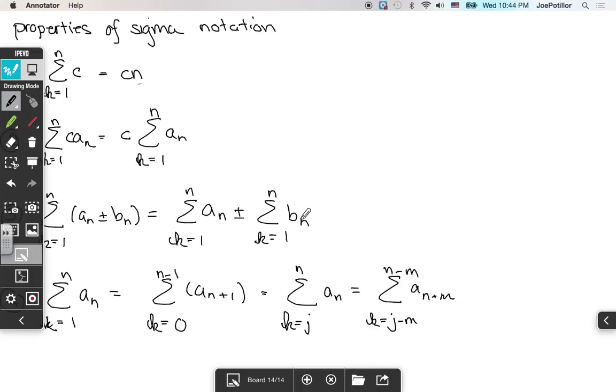Like that. So I can move the indices around and express the same sum.